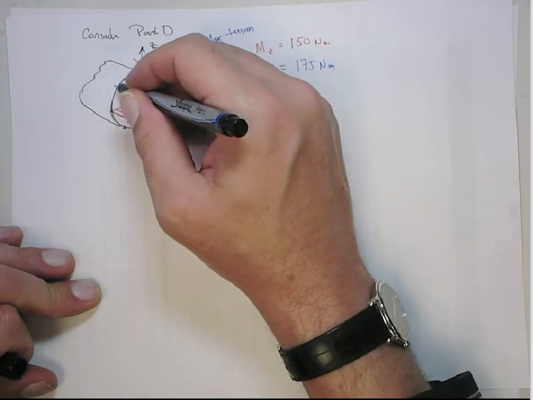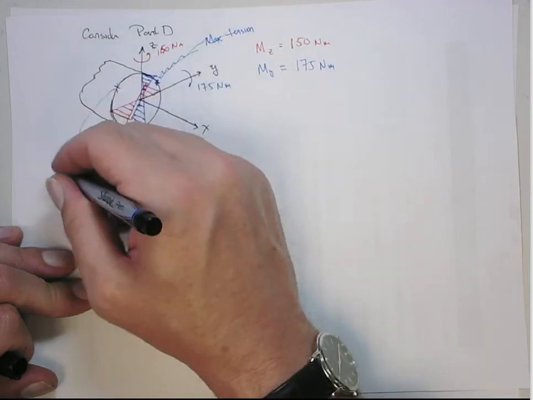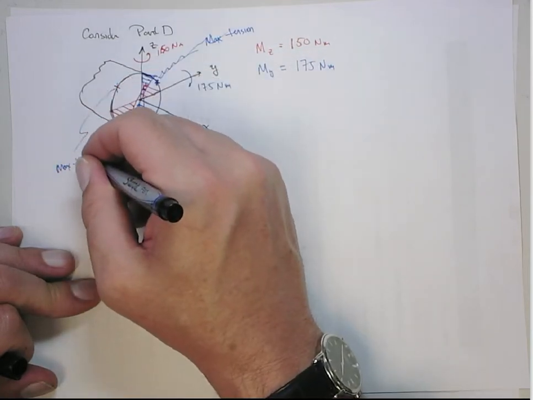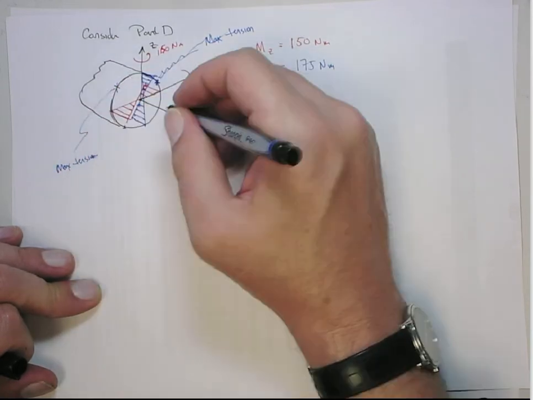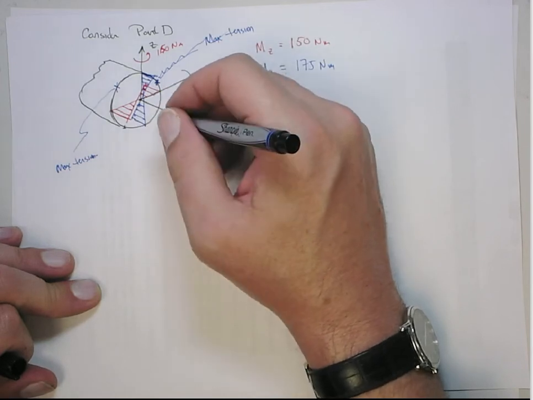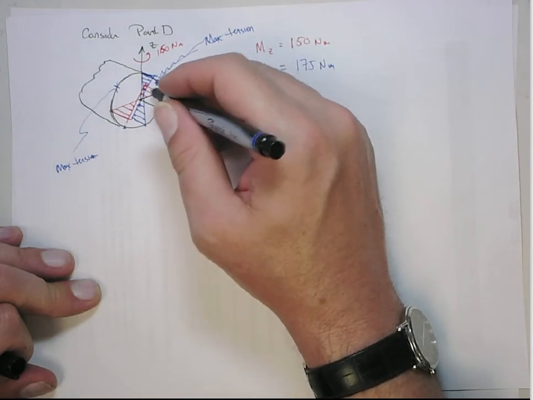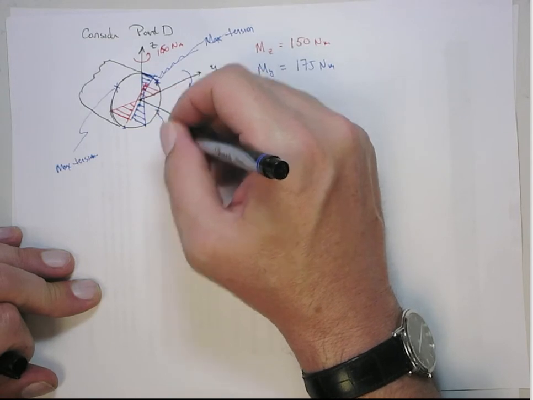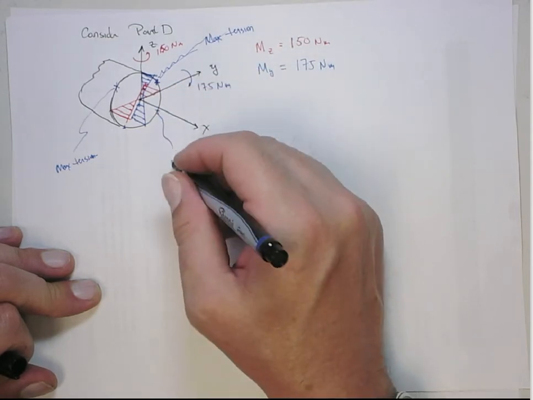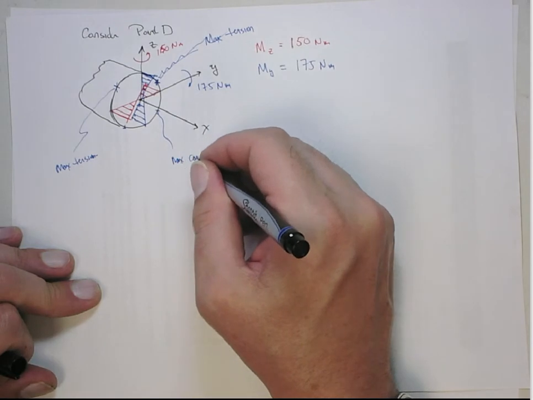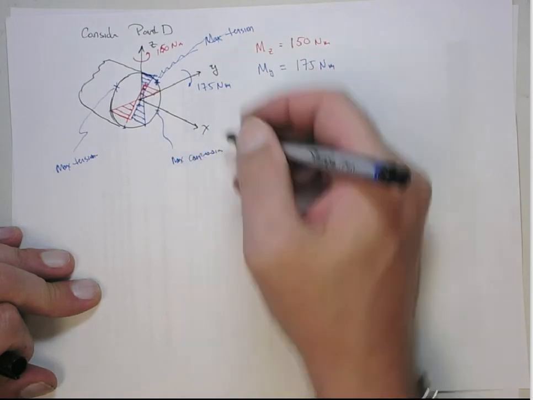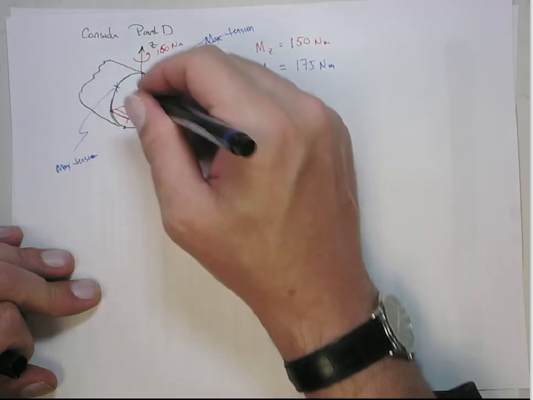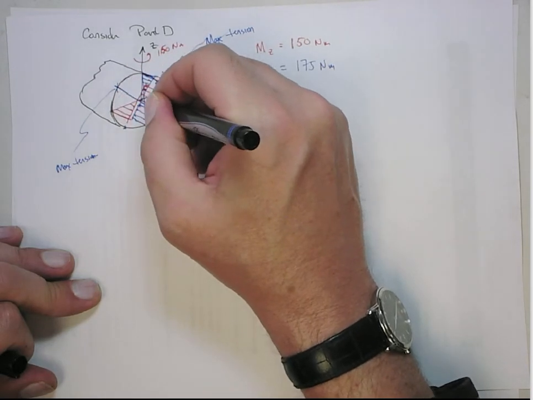So somewhere along here is going to be the max tension. And then somewhere along this edge, the red's in compression, and then also the blue's in compression. So somewhere along here is going to be max compression.